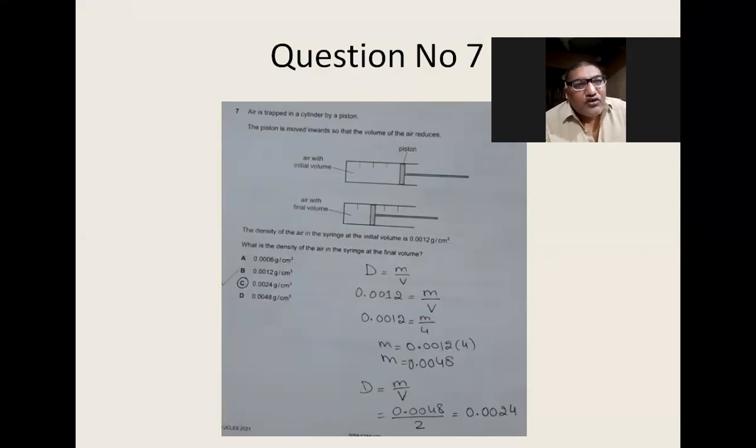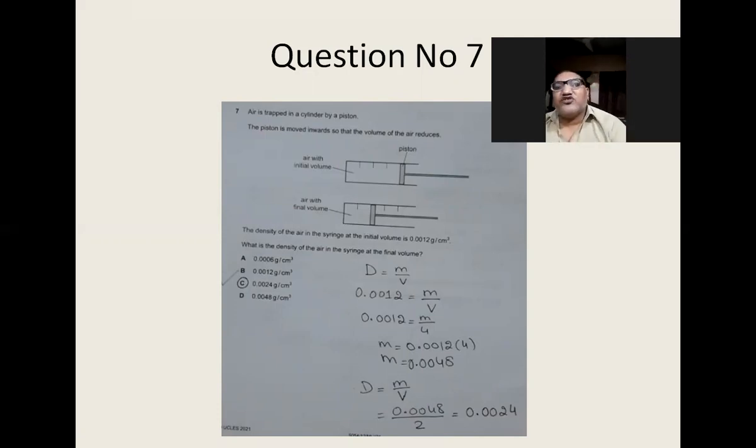So this much gram of air is there. Now in the second situation, the mass will be the same, but the volume has decreased to 2. So the density equals mass divided by volume, that will be 0.0048, the same mass, divided by the volume in the second situation, which is 2. So 0.0048 divided by 2 will give you an answer of 0.0024. So I think C is the right answer for question number 7.